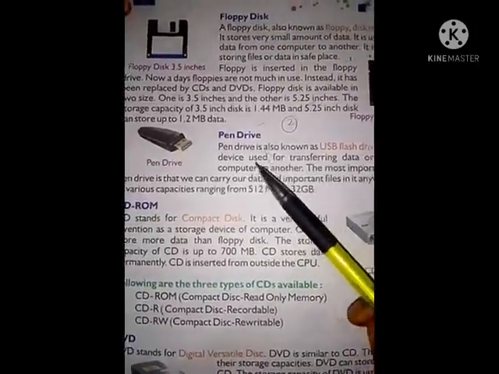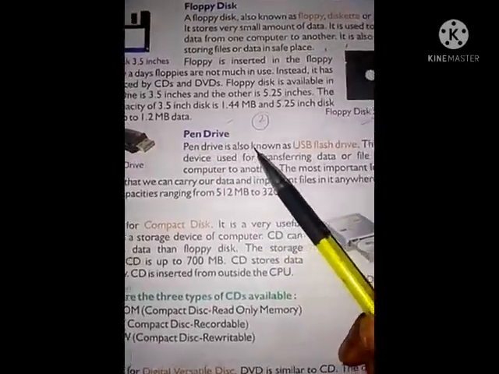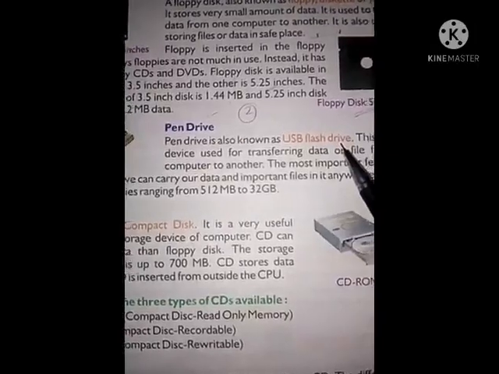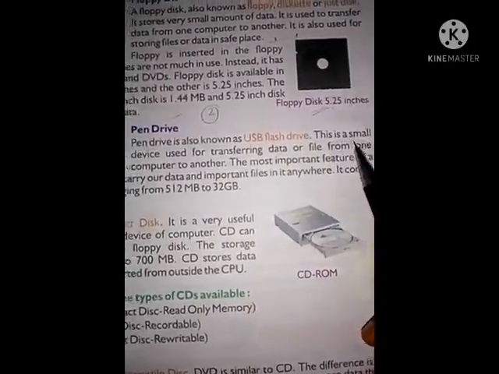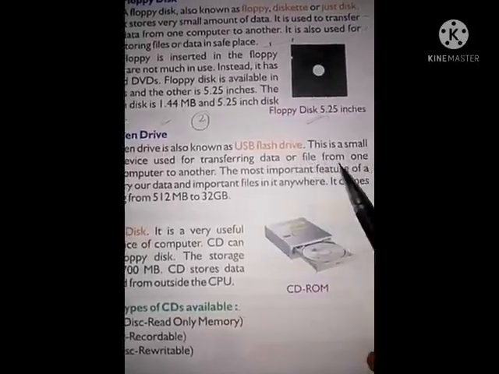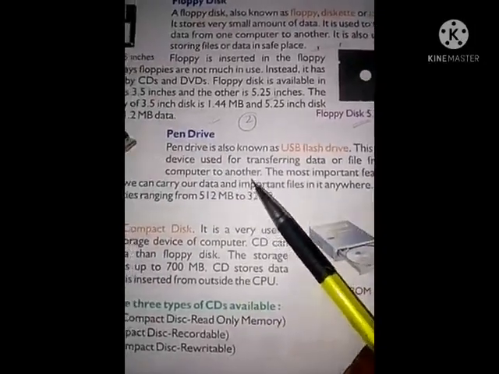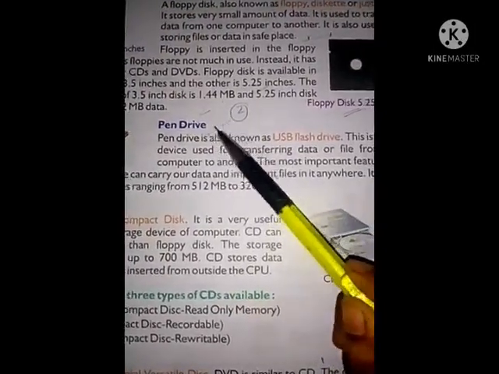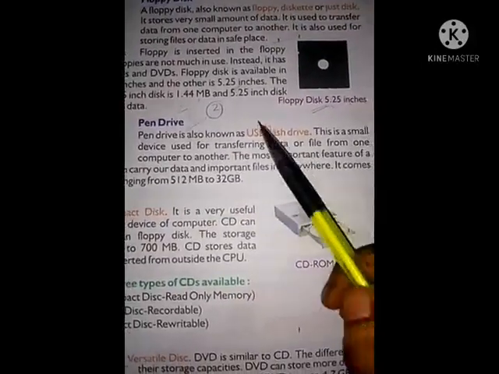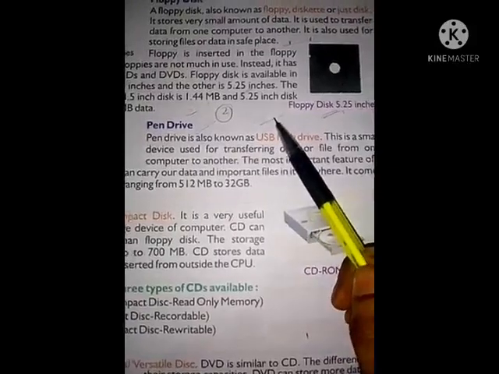Pen drive. What is a pen drive? Pen drive is also known as USB flash drive. This is a small device used for transferring data or files from one computer to another.